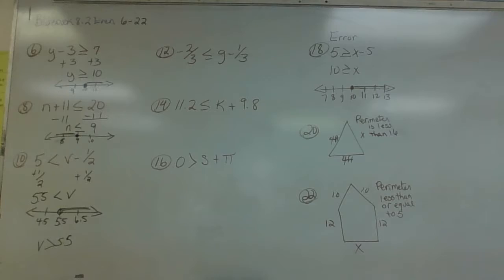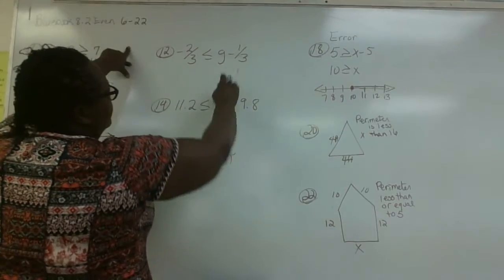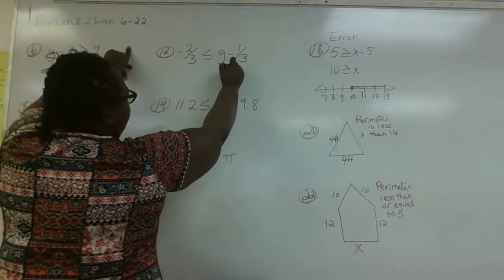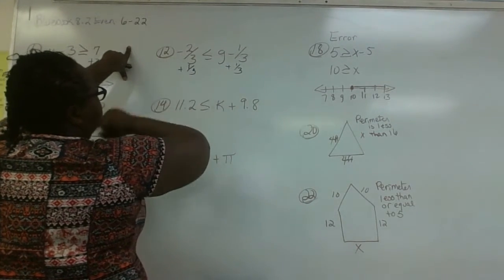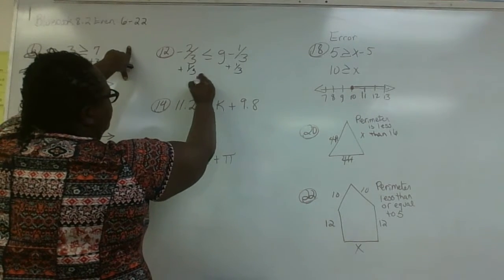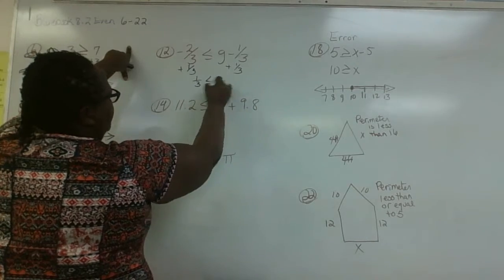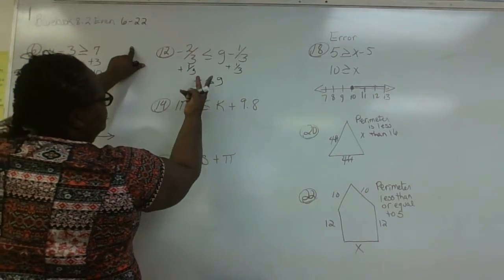Now, let's move on to number 12. Here, we have minus 1/3, so the inverse is add 1/3 to both sides, and so negative 2/3 plus a positive 1/3 is going to leave us with a negative 1/3, which will be here. Once again, we want to visually flip this around.